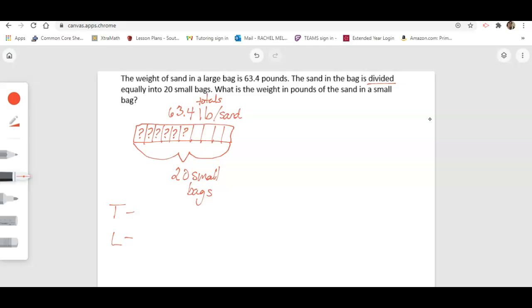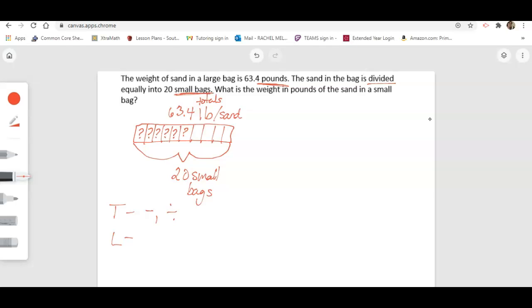So we can see on the strip diagram that we do know our total. So if we know our total, we subtract or divide. And then we're looking at our labels. 63 4/10 pounds versus 20 bags.